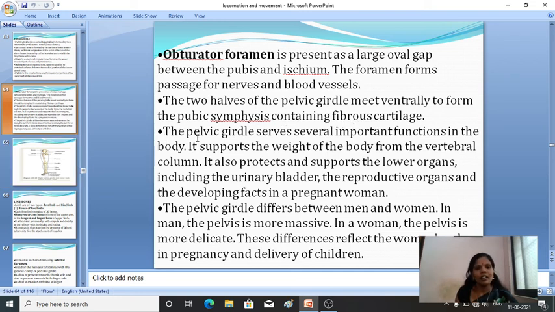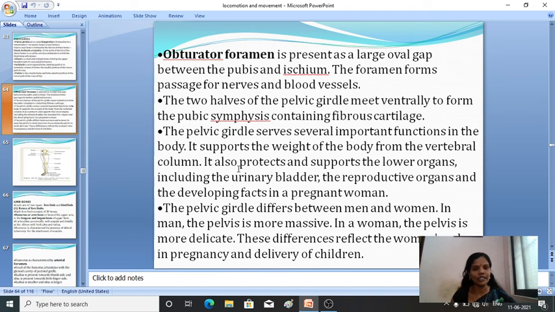Then the pelvic girdle serves several important functions. It plays a very important role in our body, as it supports the weight of the body from the vertebral column.